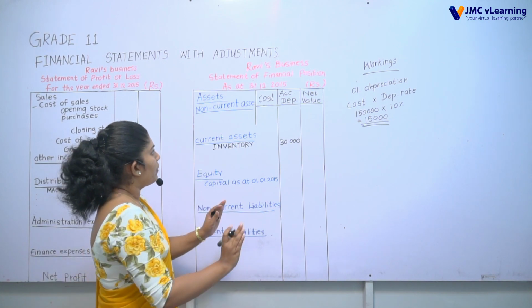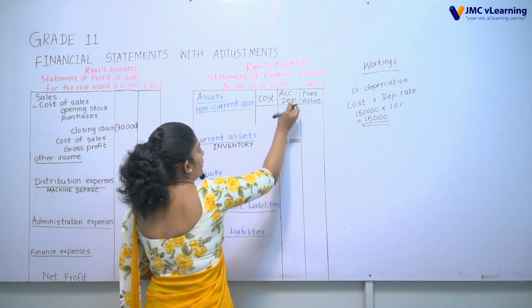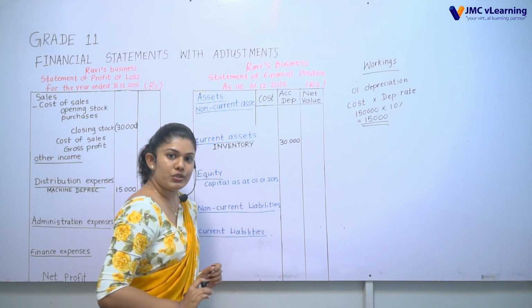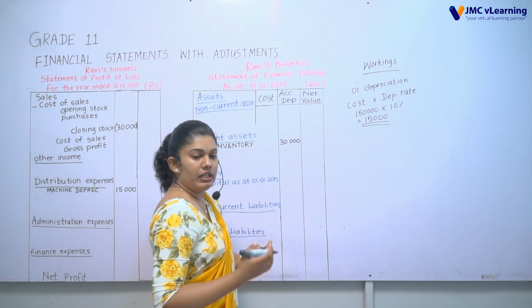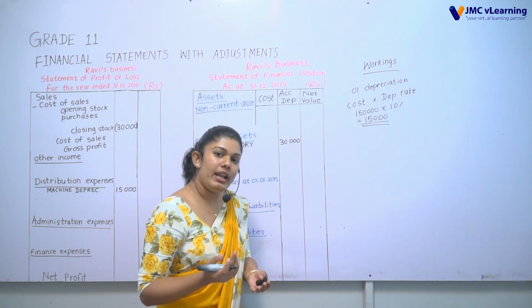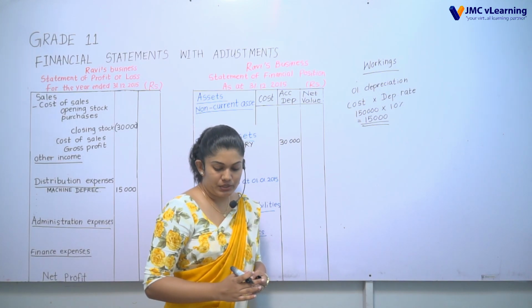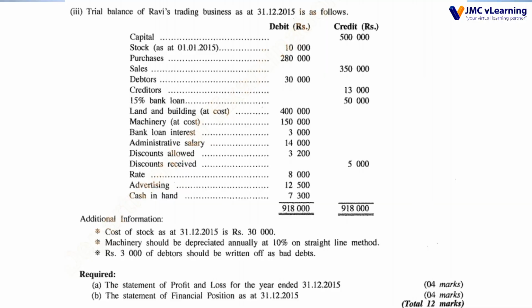And I have to enter it into this place also. For that, I have to find whether there are any accumulated depreciations. They have the cost of the machine, but they don't have previous provisions for depreciation.